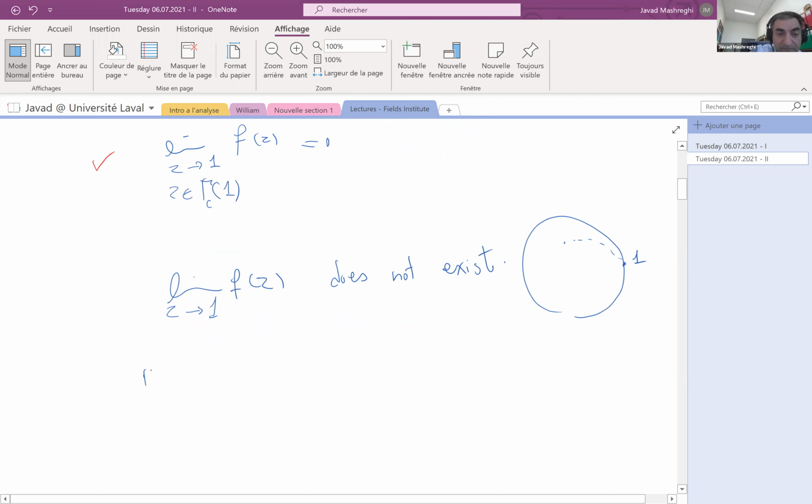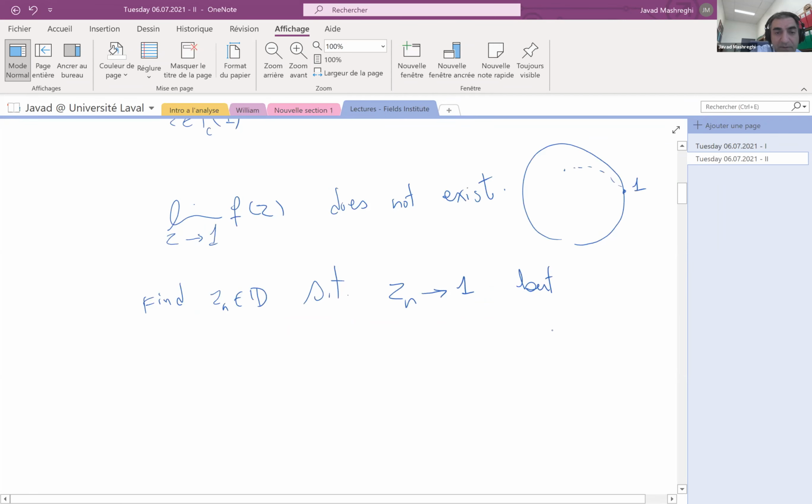Find z_n in D such that z_n goes to 1, but f of z_n doesn't go to 0.